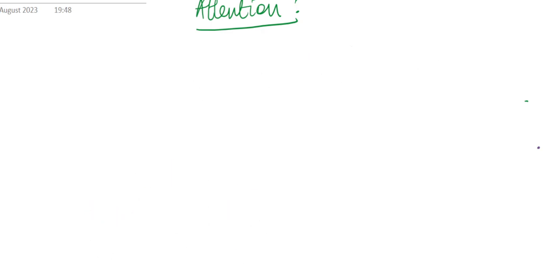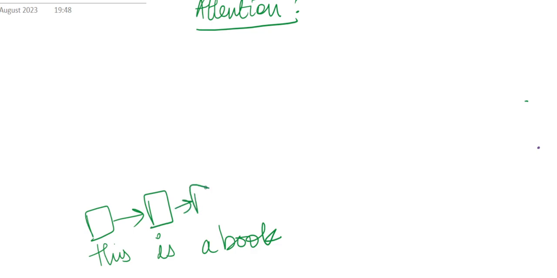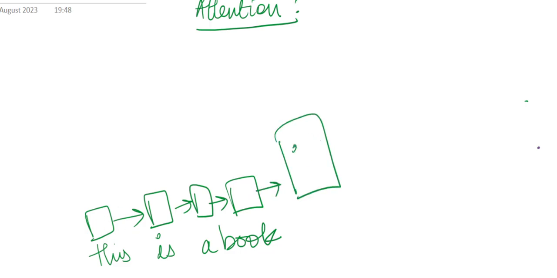Okay, so let's say we have the sentence, this is a book. What seq to seq does is it applies LSTM model or maybe RNN or GRU as it is, and whatever the output of this model is, it will pass to encoder.